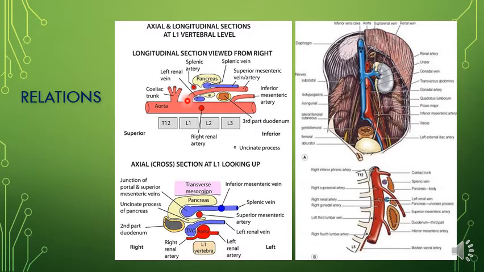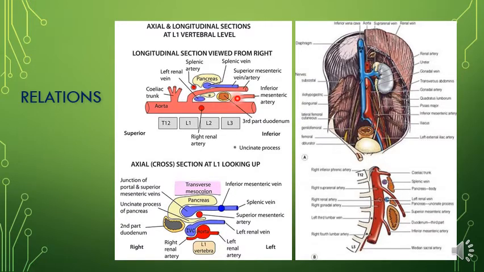Above the superior mesenteric artery the splenic vein is present, and below it the left renal vein is present. All these structures also form the anterior relations of the aorta.